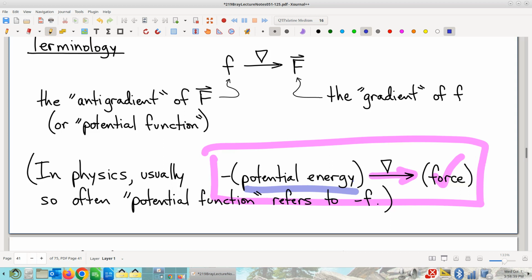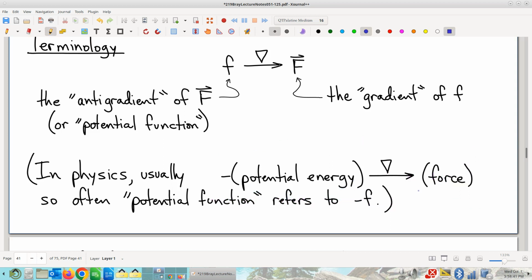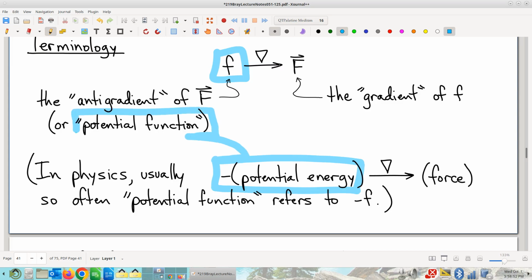Now here's the problem, and I think this is a nasty problem. That function, that thing that I would like to call anti-gradient, that thing that is more commonly known as a potential function, is not potential energy. It's the negative of potential energy. It's so frustrating.